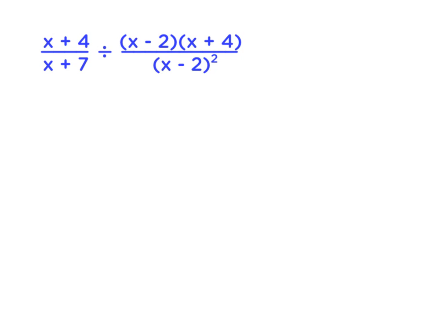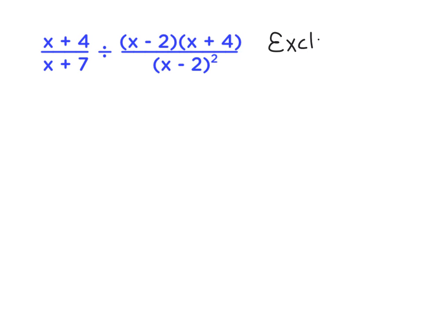The first step in dealing with a rational expression, before you do any cancellations or any operations of any sort, is to make our list of exclusions. And our exclusions are anything that will make the denominator equal to 0.